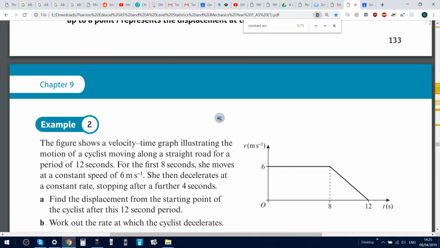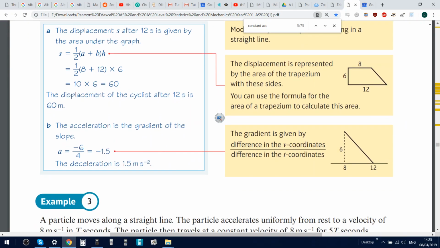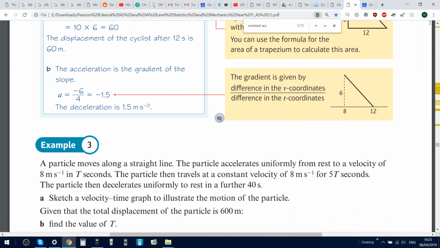Okay, so now, no, did that one. Now we have one with no diagram to help us. Let's try example 3.